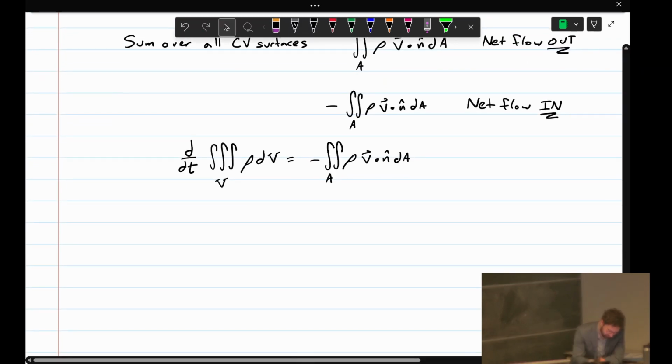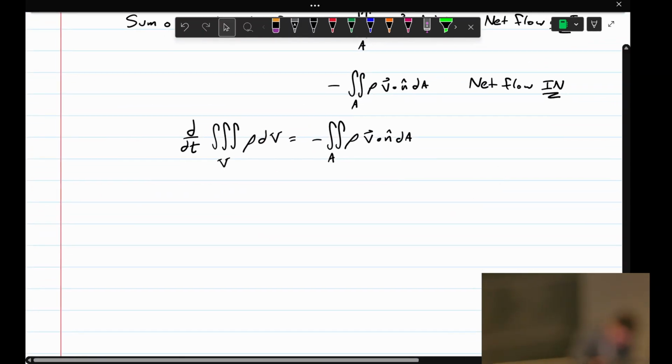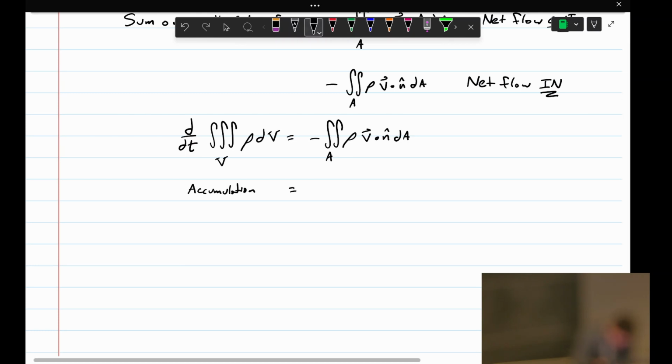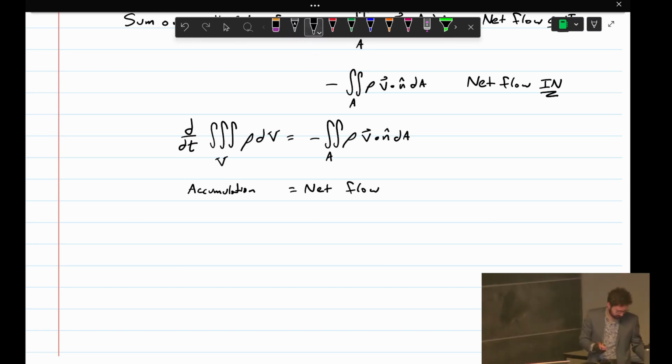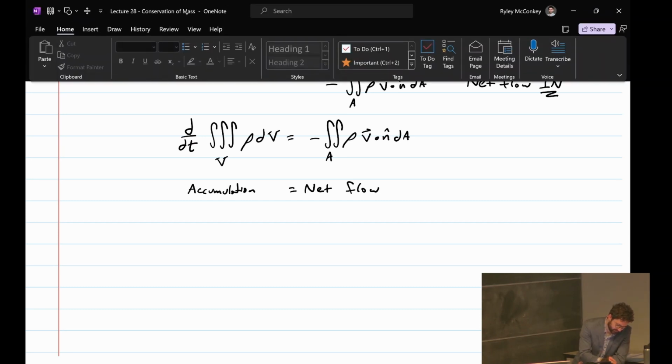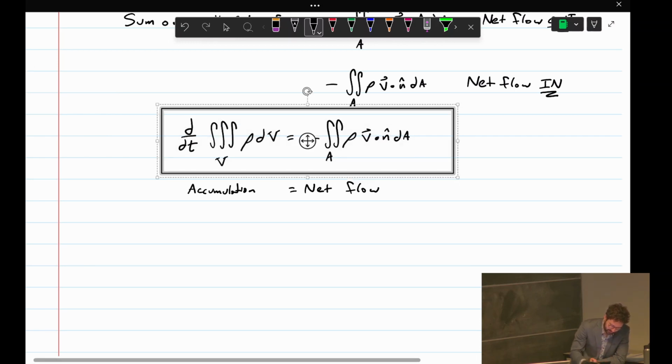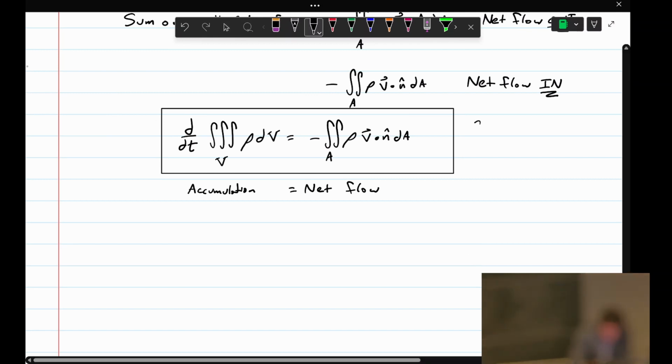So this is just accumulation is equal to the net flow. This is basically the integral form. Again, the physical variable that's conserved that we're talking about is mass. So this is the integral form of conservation of mass.